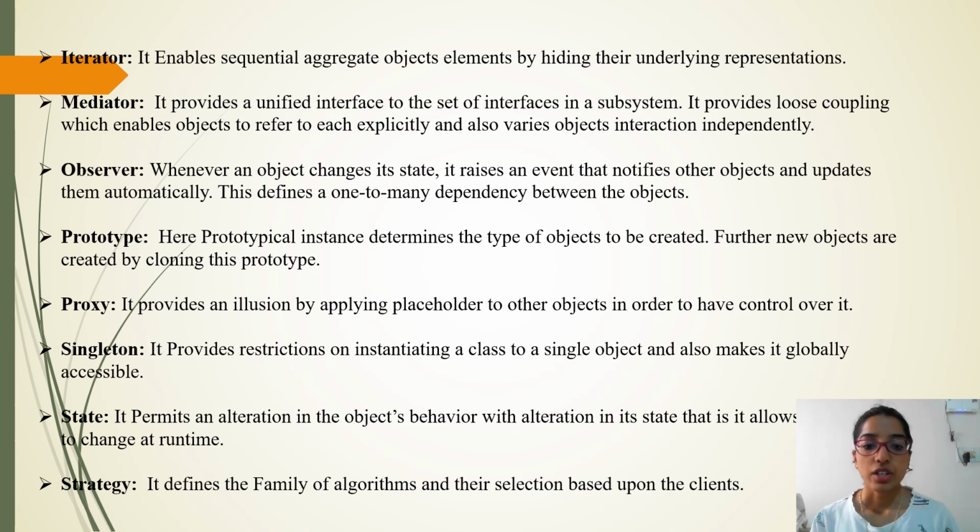It provides restrictions on initiating a class to a single object and also makes it globally accessible. State. It permits an alteration in the object's behavior with alteration in its state, that it allows to change at runtime. Strategy. It defines the family of algorithms and the selection based upon the clients. These are all the catalog of design patterns.